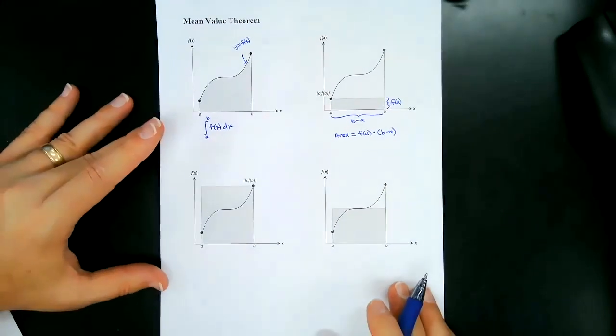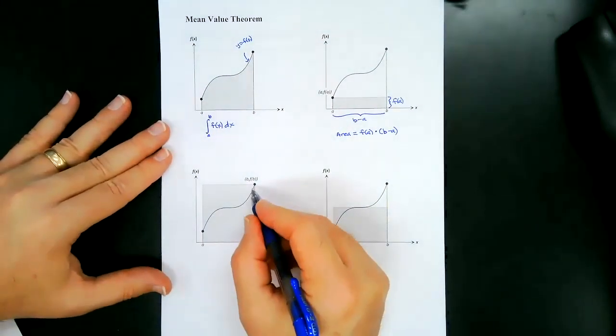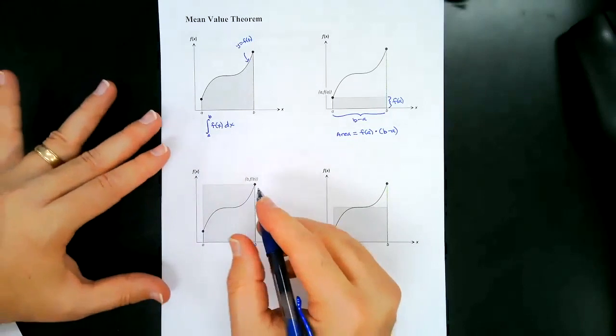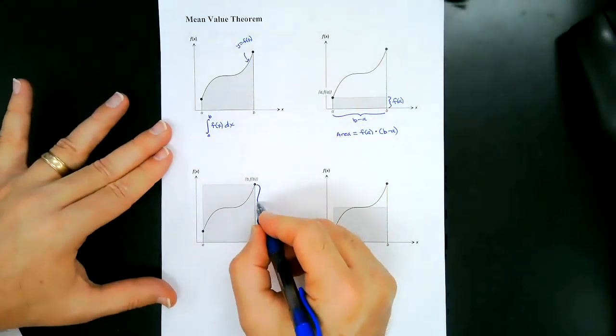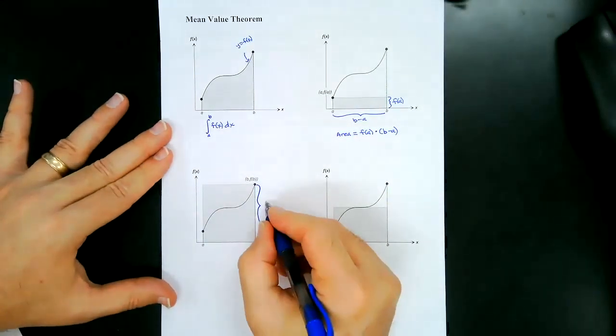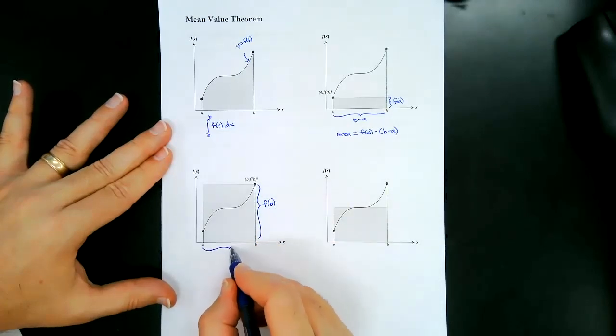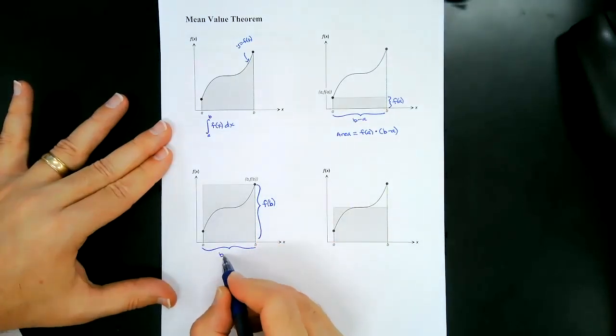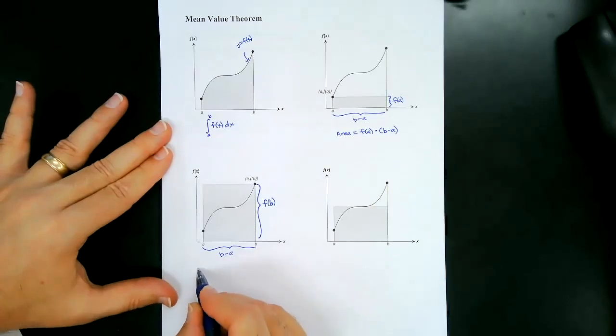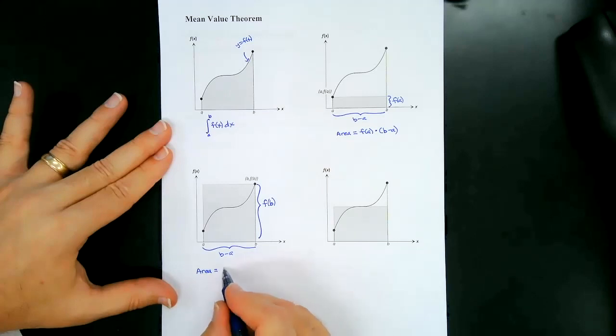So the area of this rectangle would be f of b, and this dimension would be b minus a. So the area of this one would be equal to f of b times b minus a.